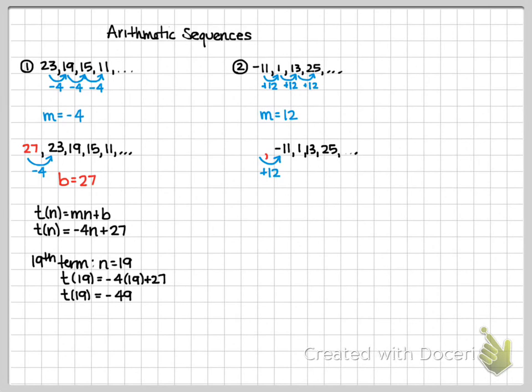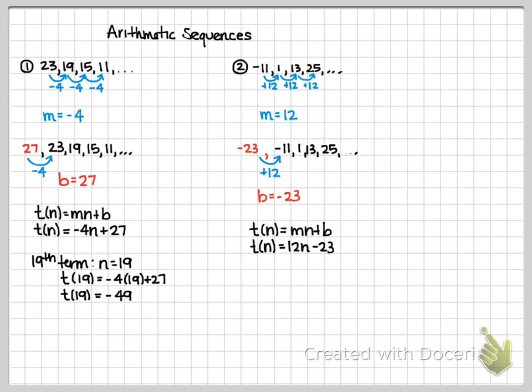So in this case, I believe that number is going to be negative 23. Now that we have our b, which is negative 23, we can plug everything into our equation that we need. So I would say t of n is equal to, still the same formula, mn plus b, and plug in what I know. So t of n is equal to the m that I calculated, which is 12n, and then the b is going to be minus 23.